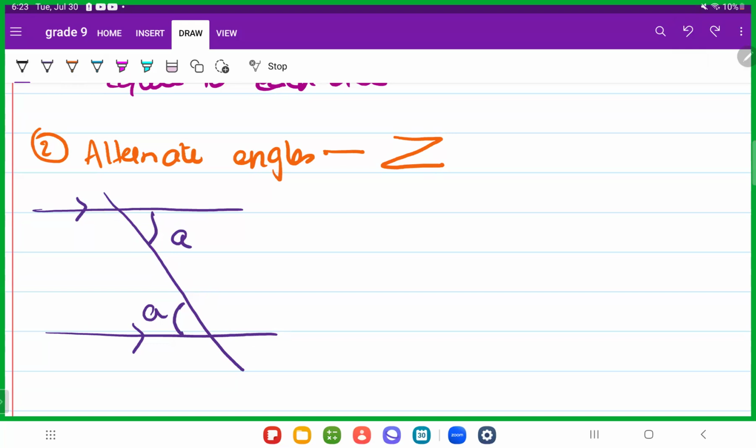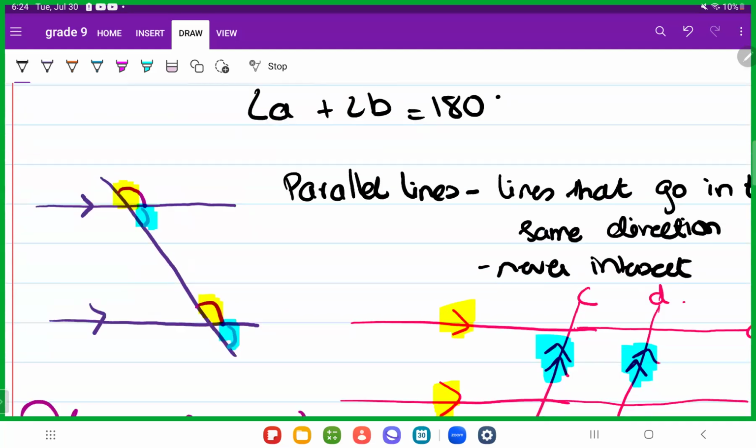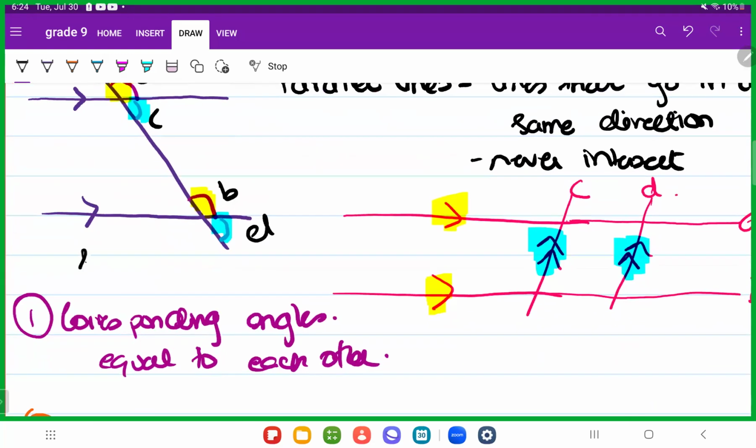All right. So whenever you are given a question like this, I will write down angle A is equal to angle B, and then in the bracket you write down alternate angles. Like over here, I have A, B, C, D. So I write down angle A is equal to angle B, corresponding angles.